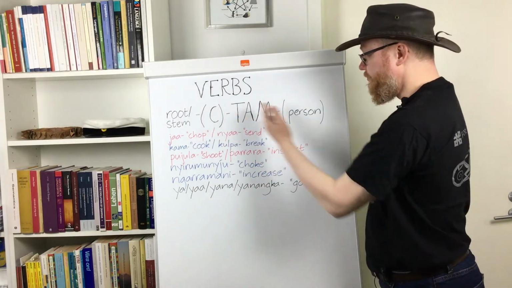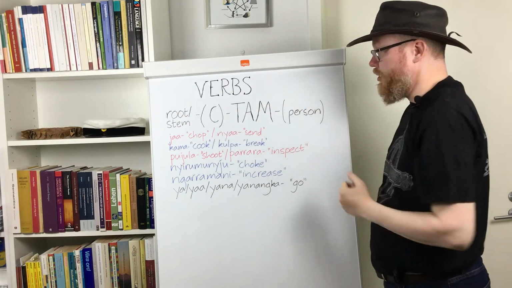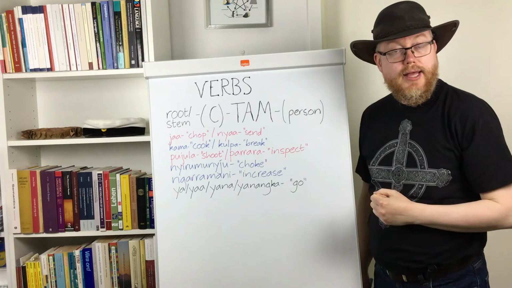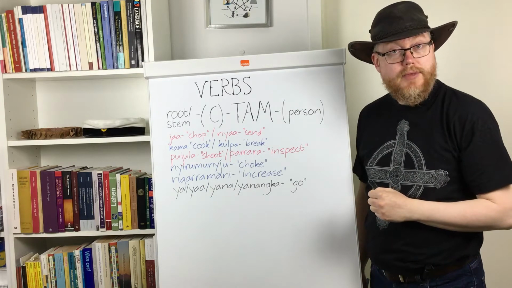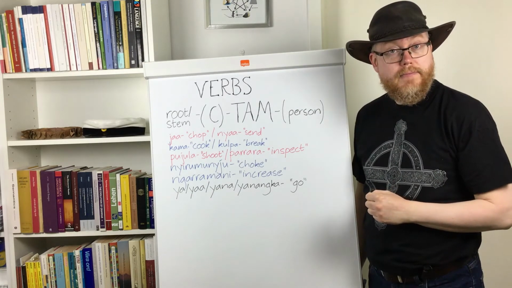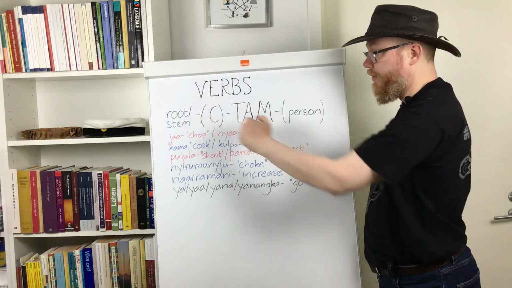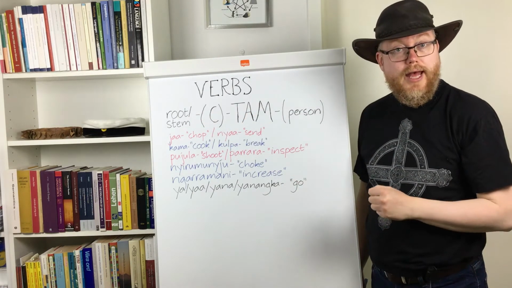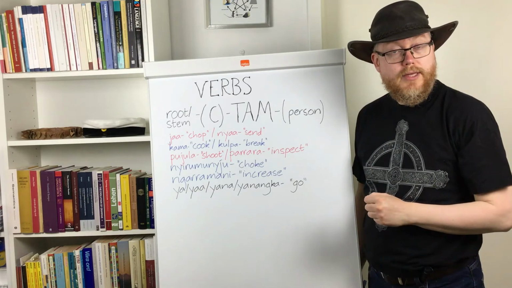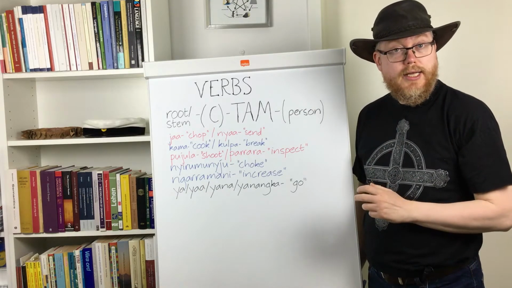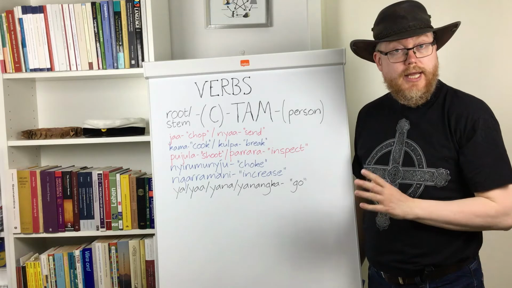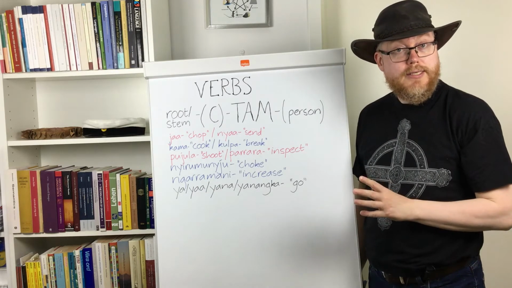Now, this is what a verb in a Pama-Nyungan language tends to look like. First, we have the root or the stem, which in and of itself can be fairly complex.